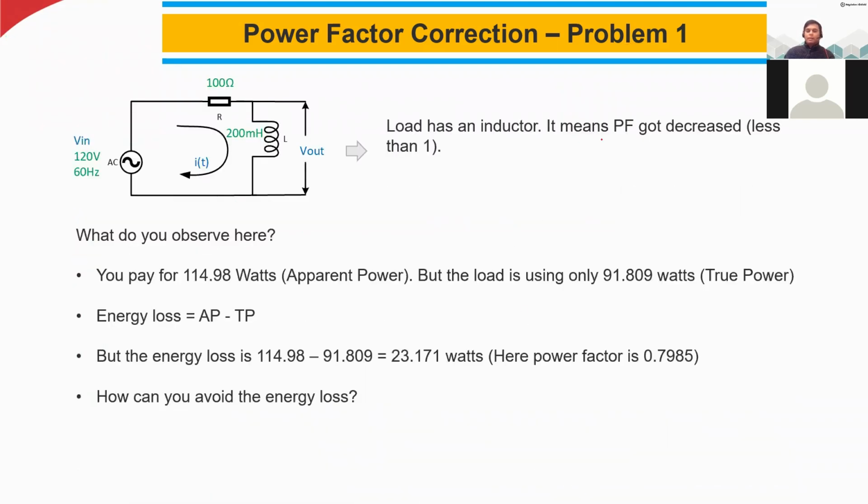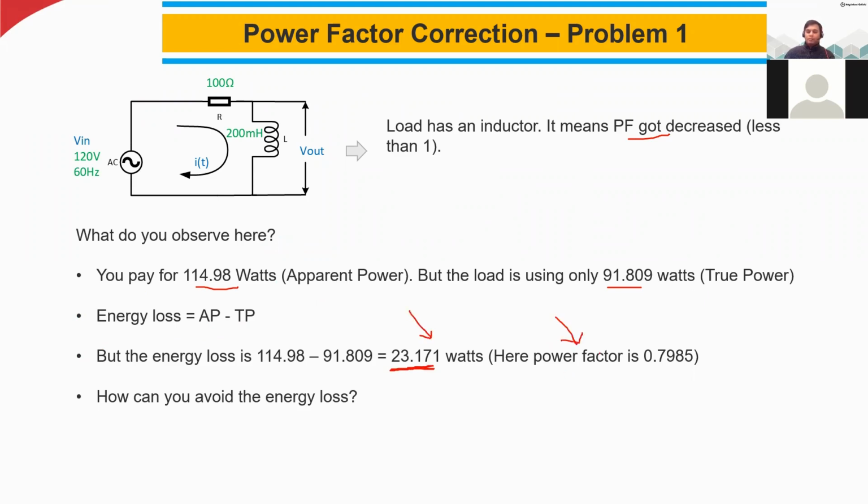So the load has an inductor, which means the PF got reduced or decreased. So you pay for 114.98 watts, but the load is using only 91.809 watts. That is the true power. So the energy loss is AP minus TP. This is the energy loss because of the inductor, and this can also be identified by using this measure.